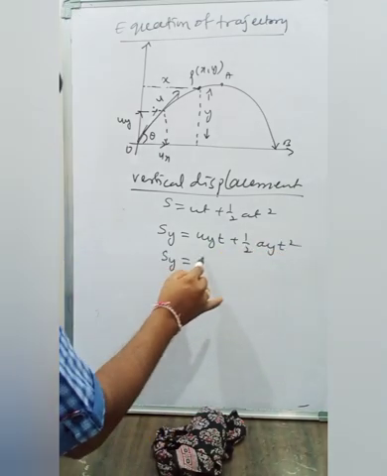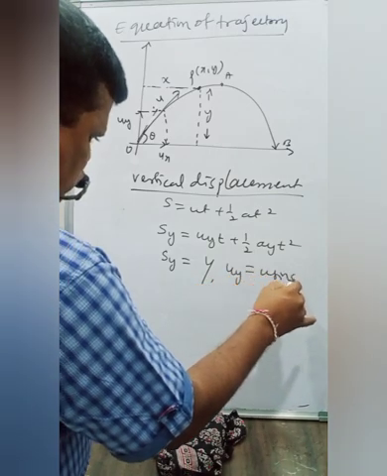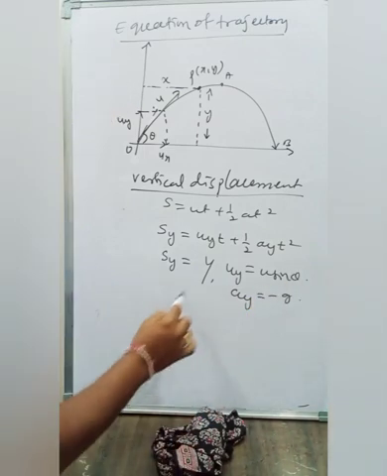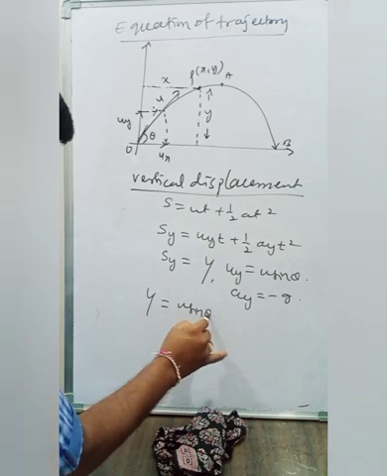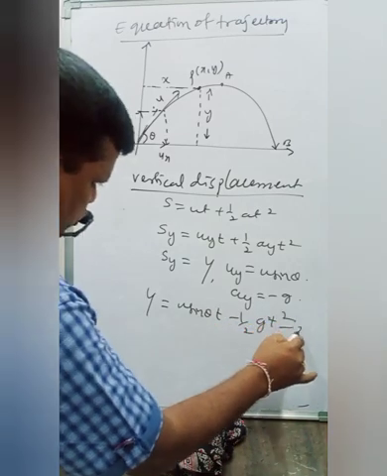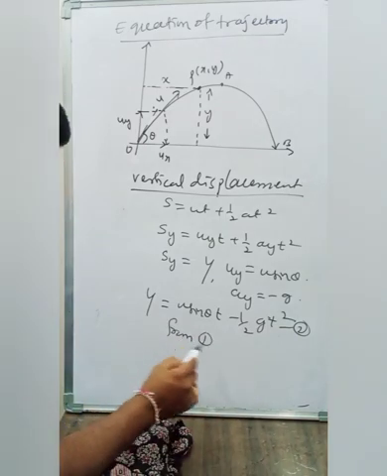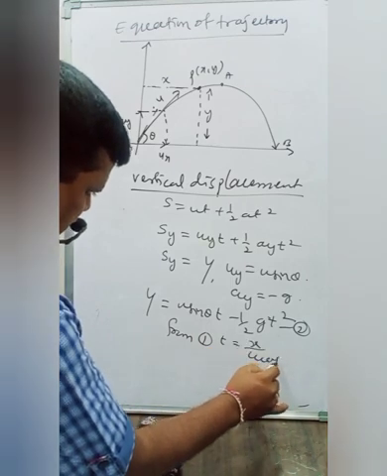So Sy is the vertical displacement y, uy = u sin θ, and ay = −g. Now y = u sin θ t − ½ g t². This is equation 2. From 1 we can write t = x / (u cos θ).